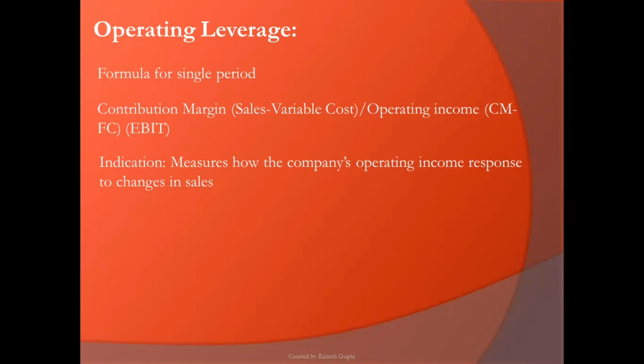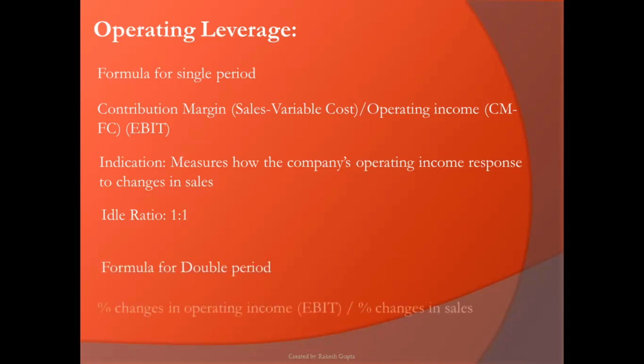This number is close to 1, indicating a safer company with lesser potential profit. Ideal ratio is 1:1. Formula for double period: percentage change in operating income, EBIT, divided by percentage change in sales.